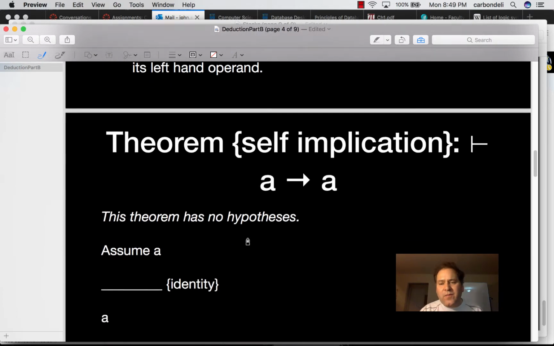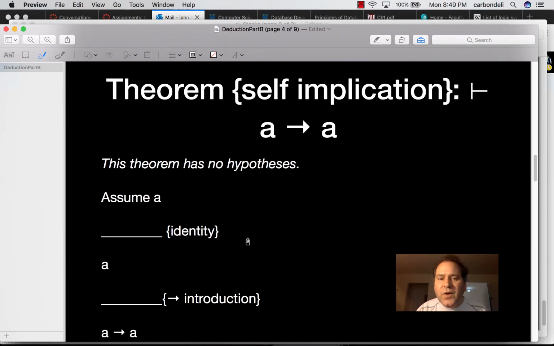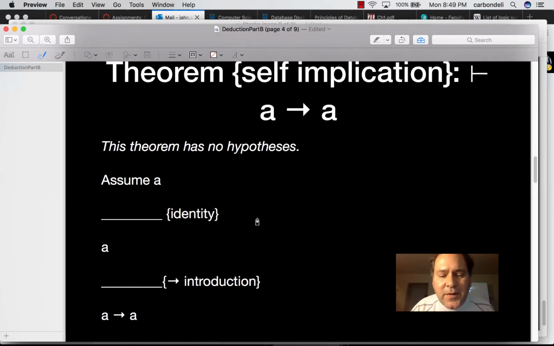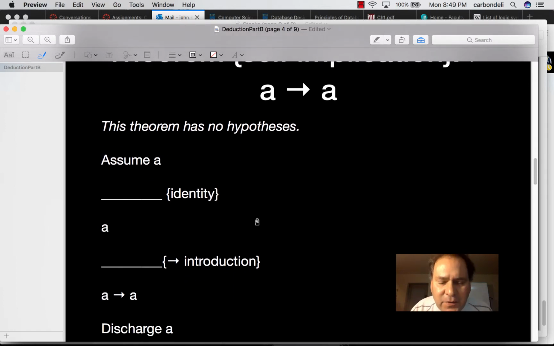And here we have a theorem which is self-implication, and we're proving that A implies A. And this particular theorem has no hypothesis.